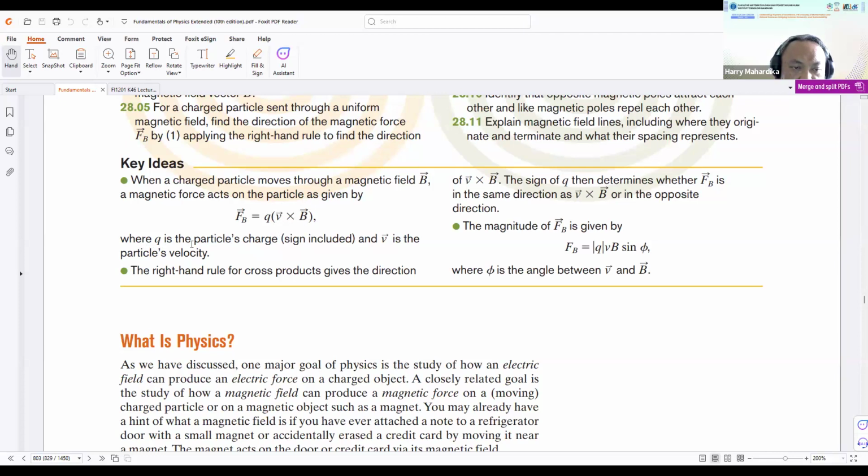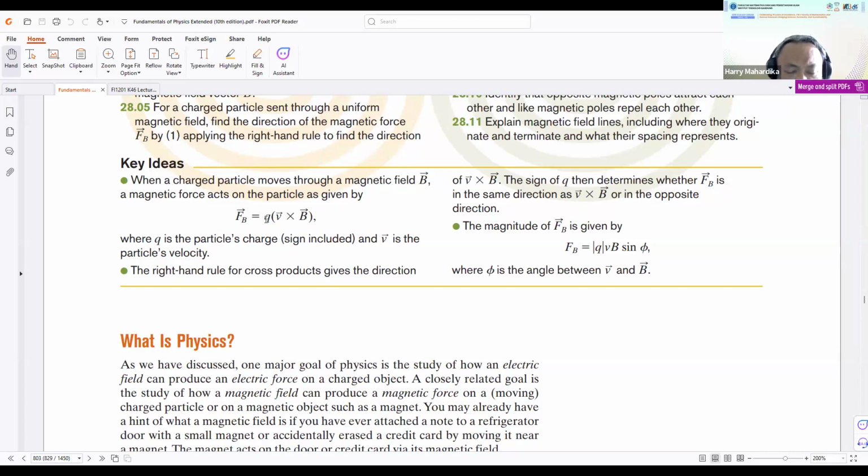Okay, Q here is the particle charge. So if we consider a positive charge, such as a cation or an H plus ion, we need to place the sign here as positive.